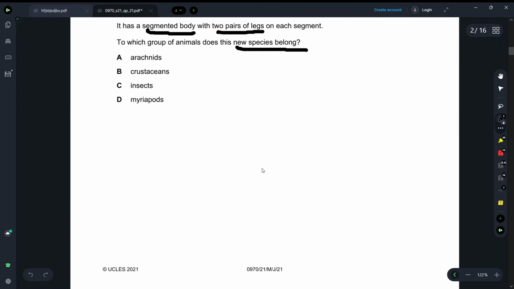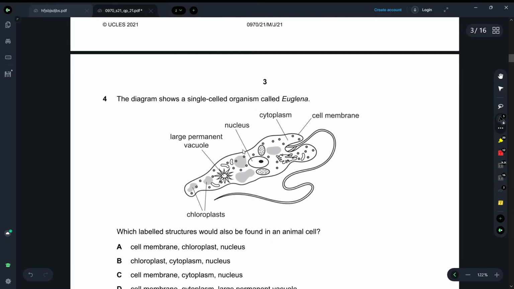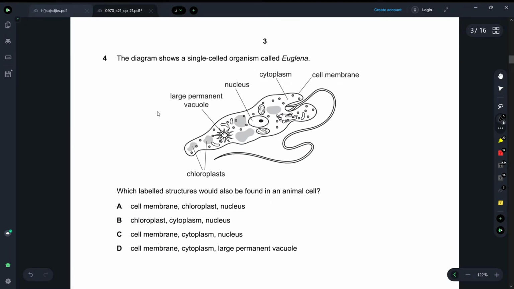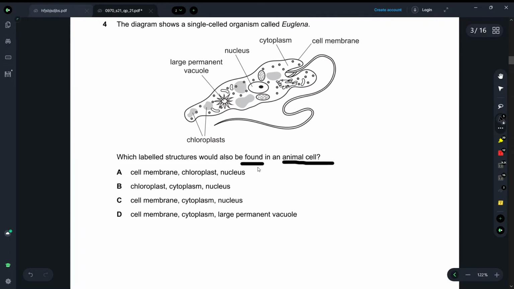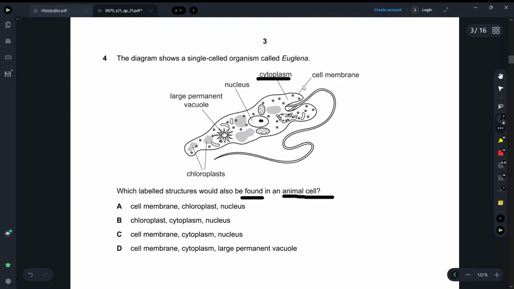Question 4 says the diagram shows a single-celled organism. It asks which labeled structures would also be found in an animal cell. We have cytoplasm, cell membrane, and chloroplast.